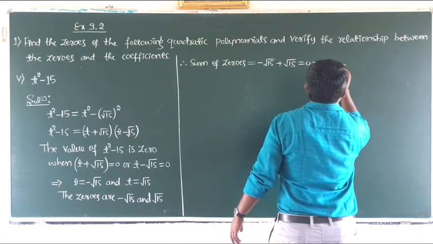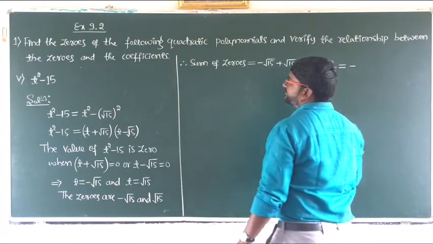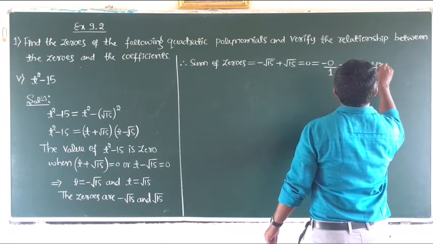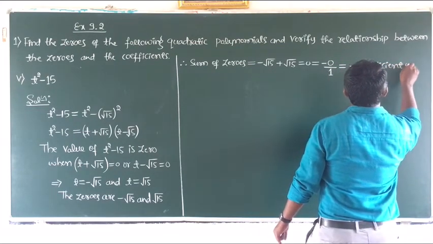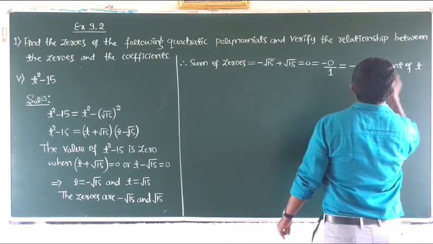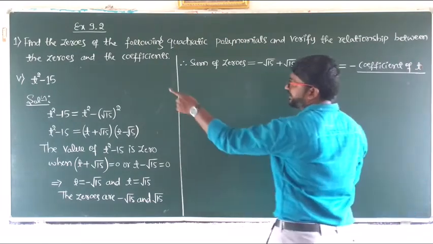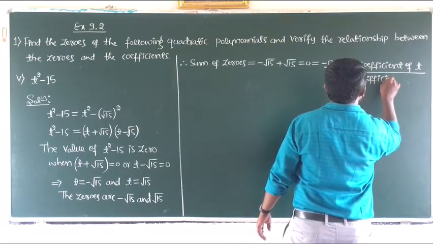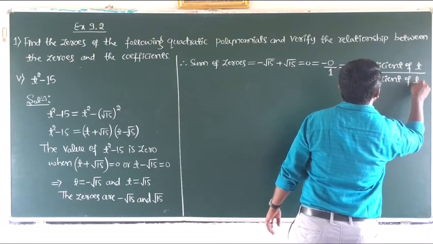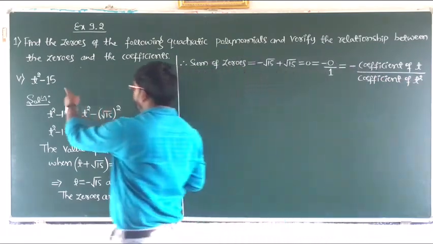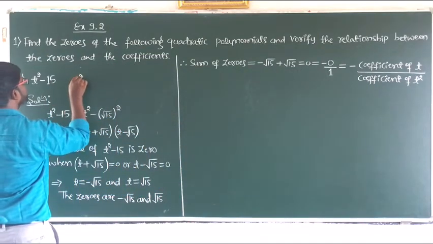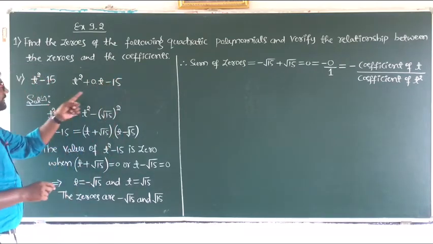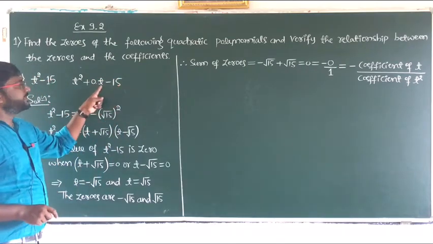So, now minus, what is 0 here? 0 is the coefficient of t. Then divided by, what is 1 here? 1 is the coefficient of t square. So, here t is missing. This can be written as t square plus 0 into t minus 15. That is why I have taken 0 as a coefficient of t.